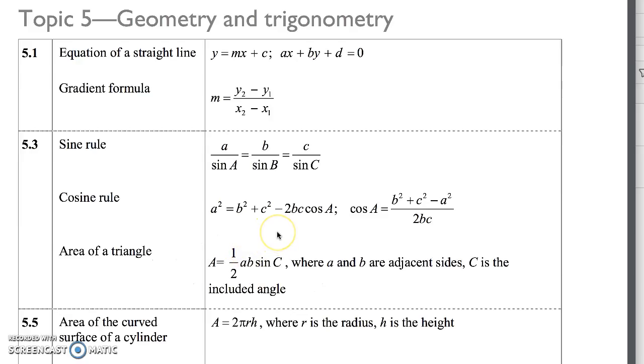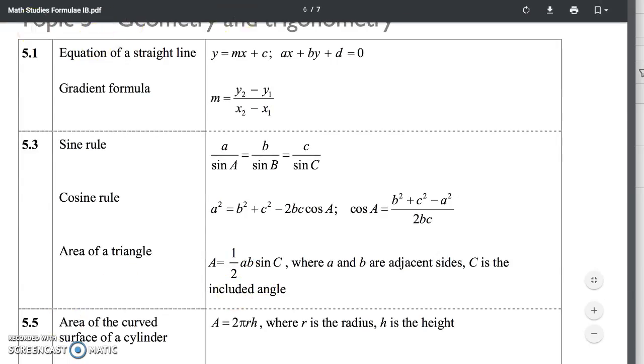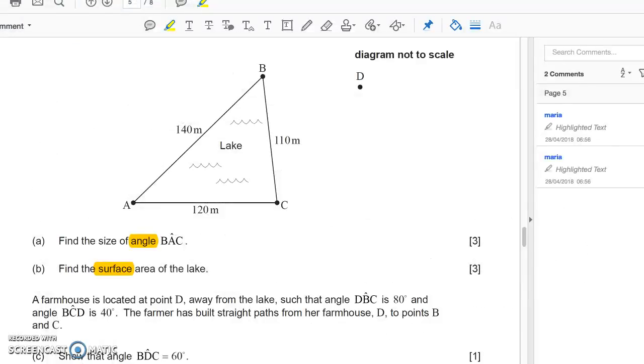I cannot use base times height divided by 2. So I have one side times another side divided by 2, but I need to use the sine of the angle in between. So what I need is 2 adjacent sides and 1 angle in between, which I already have from my information.